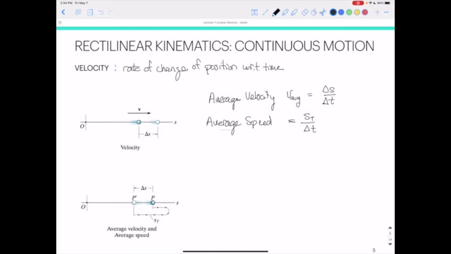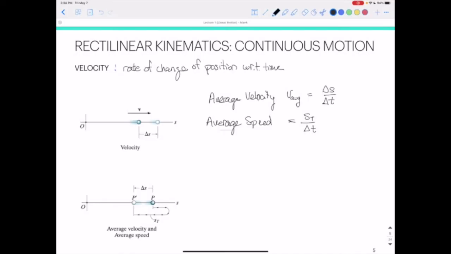And then lastly, sometimes it's not too useful to look at the velocity over a time range. We want to know the velocity at one instant in time. So how we can do this is we can calculate the instantaneous velocity. If we look at the average velocity, imagine now we're trying to solve for this where that delta t is very, very, very small.